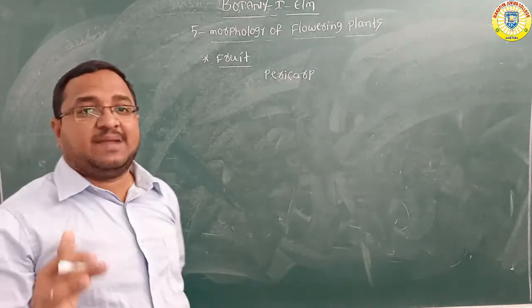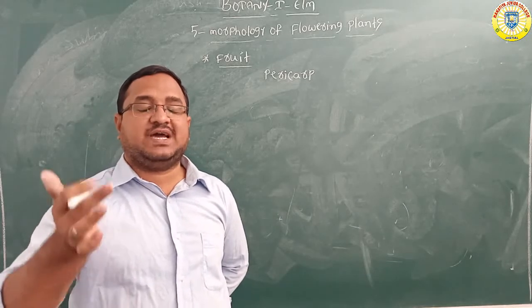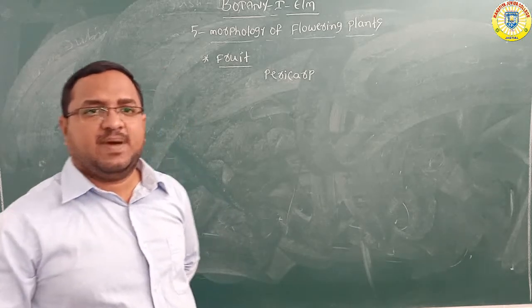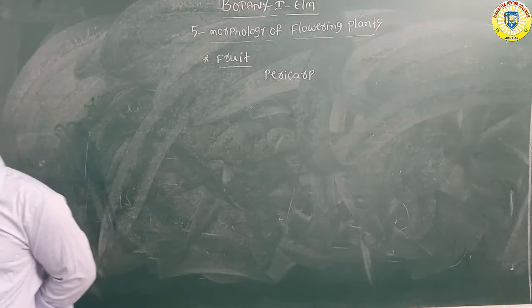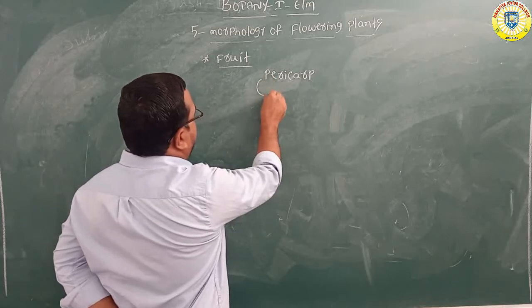Either the pericarp is fleshy or dry. Suppose the pericarp is fleshy, it has three layers. What are the three layers? In yesterday's class we discussed: epicarp, mesocarp, endocarp.